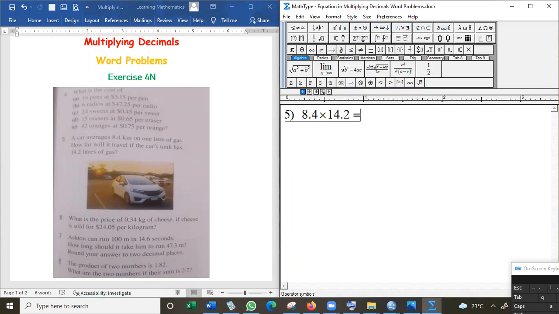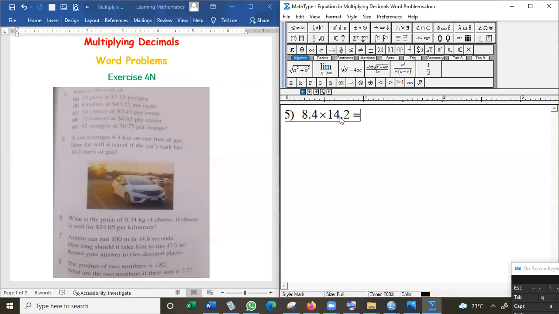So just to review, we are multiplying because 1 liter is 8.4. 2 liters is 2 times 8.4. 3 liters is 3 times 8.4. So therefore 14.2 liters would be 14.2 times 8.4, or 8.4 times 14.2. It doesn't matter. 5 times 4 is 20. 4 times 5 is the same 20.